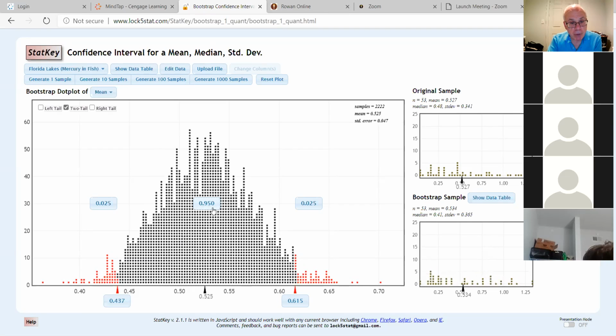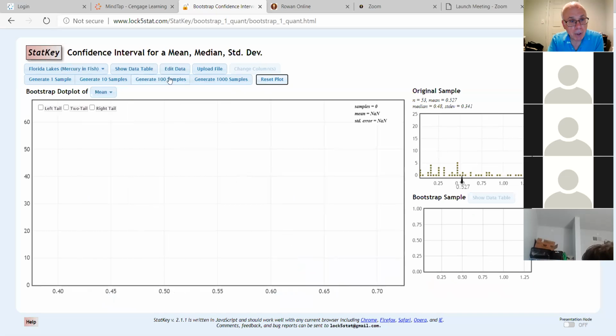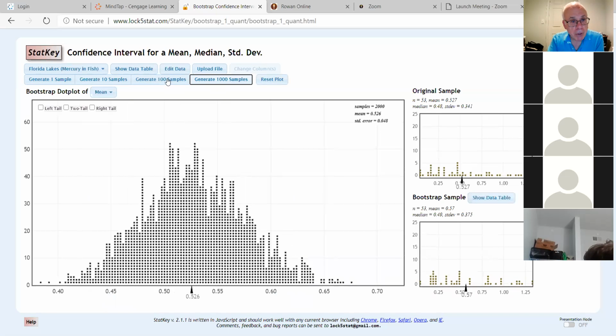If we did a 95% confidence interval, what we're saying is we're 95% confident that the true population mean, which is unknown, is somewhere in between these two values, 0.437 and 0.615.